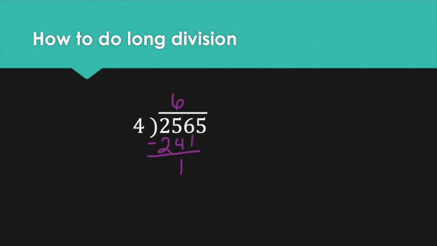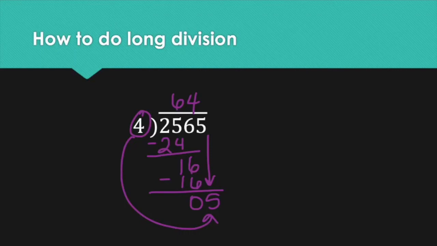Then we bring down that 6, and we ask the same question. 4 times what is 16? It is 4 exactly. We multiply those two and get 16. Subtract, we get 0. Bring down the 5. 4 times what gives you 5? 1.